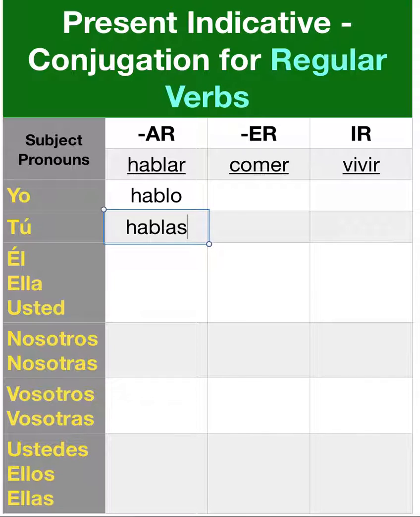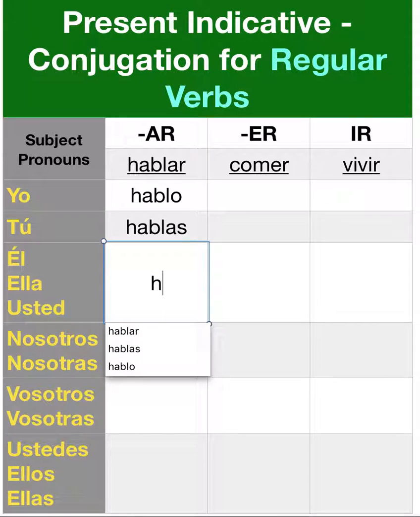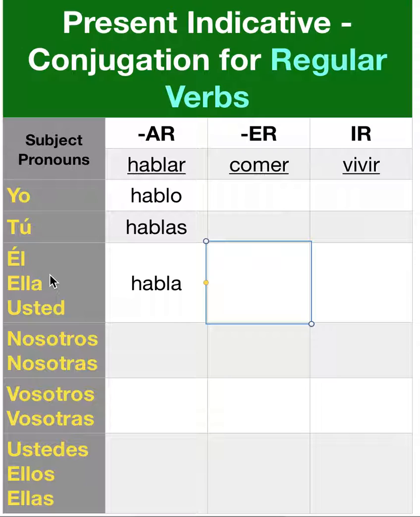Tú hablas, you speak. For él, ella, usted, he, she, and you formal, we take the stem and add a. Él habla, ella habla, usted habla. He speaks, she speaks, you formal speak.